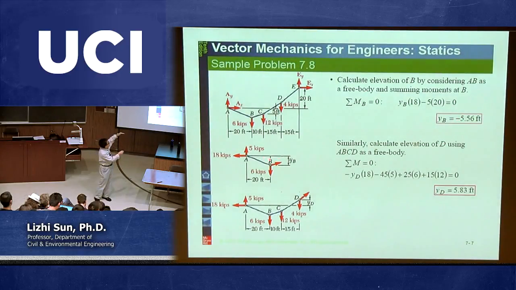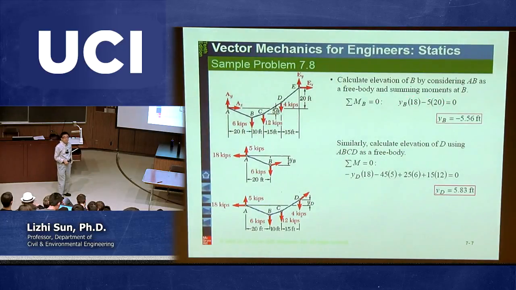It means point B is below point A, and the distance between A and B in the vertical direction is positive 5.56. But we're talking about elevation, which is supposed to be going down, so they finally put negative 5.56. What I'm trying to say is these two things are not consistent. Anyway, this is the final answer.